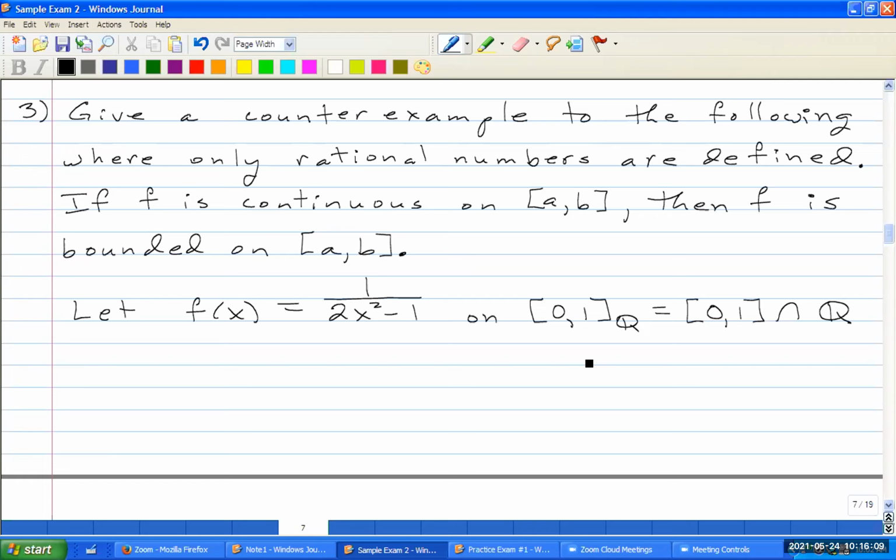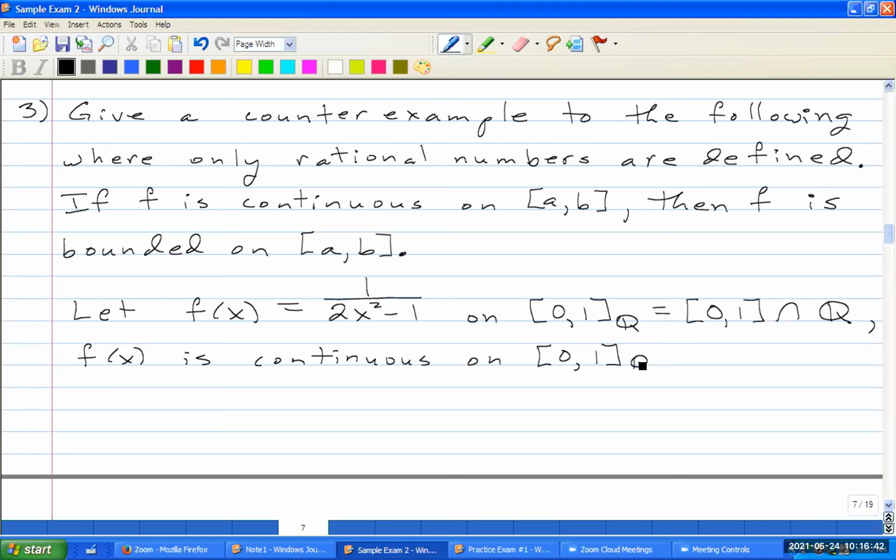And so then f is continuous on the closed interval 0, 1.